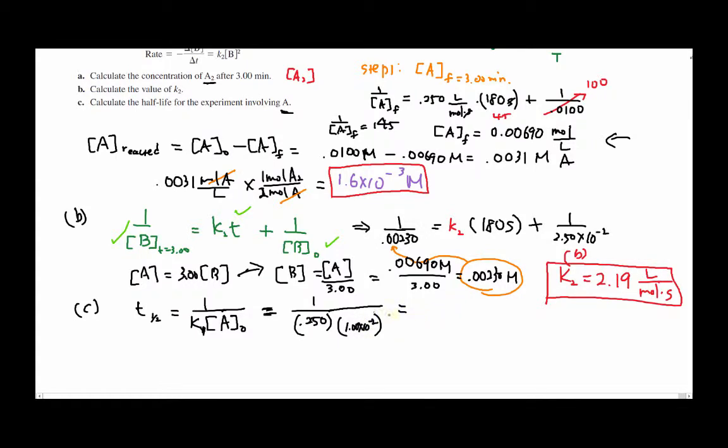When you do this, you get 400 seconds. You should keep 3 sig figs, so in scientific notation you could do 4.00 times 10 squared seconds. So that's your half-life.